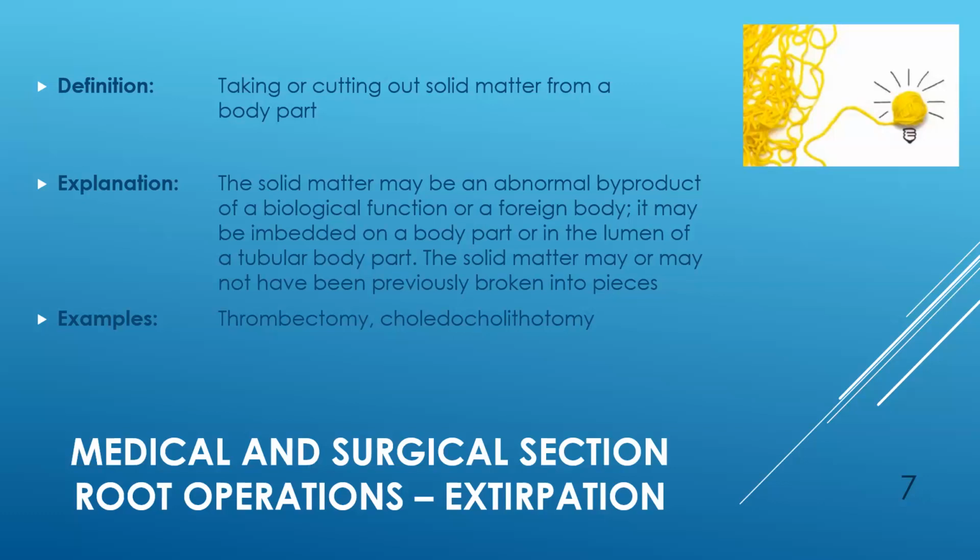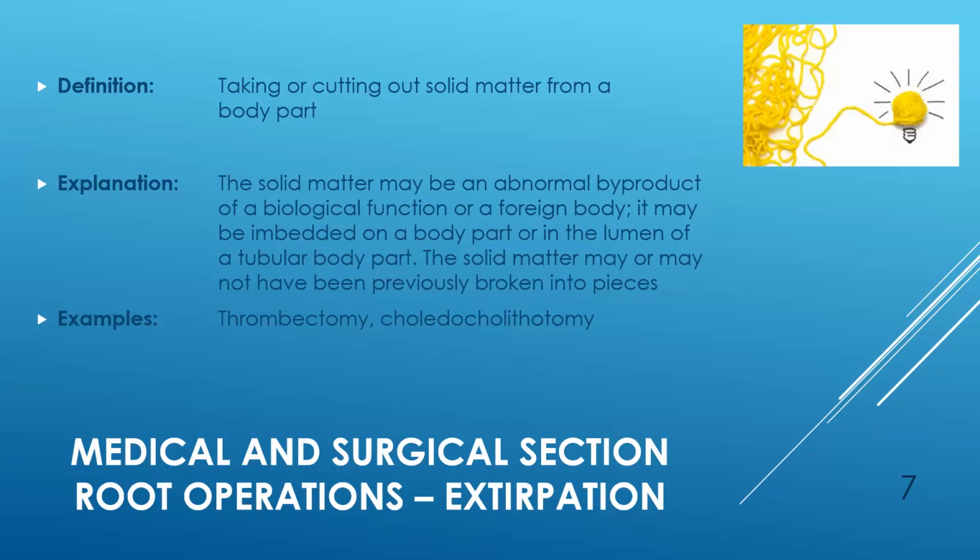So thrombectomy or a choledocholithotomy. I should have picked an easier to pronounce word. So again, it could be the lumen of a tubular body. Some of the root operations that we discussed previously, they make that distinction.